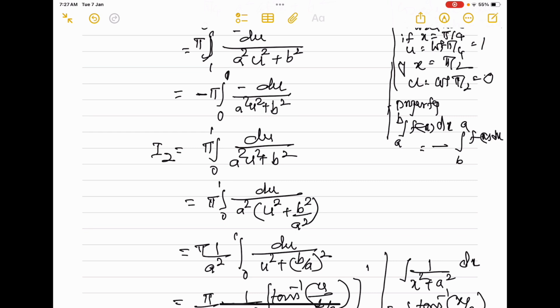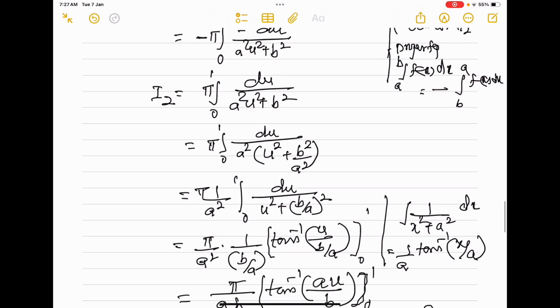That is equal to pi into integral 0 to 1 du by a square into, here you take a square outside, u square plus b square by a square. That is pi into 1 by a square integral 0 to 1 du by u square plus b by a whole square.